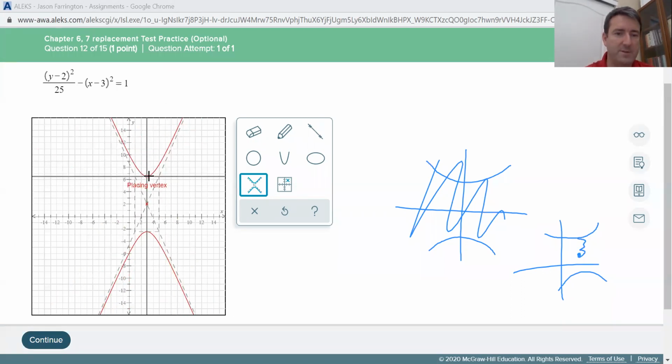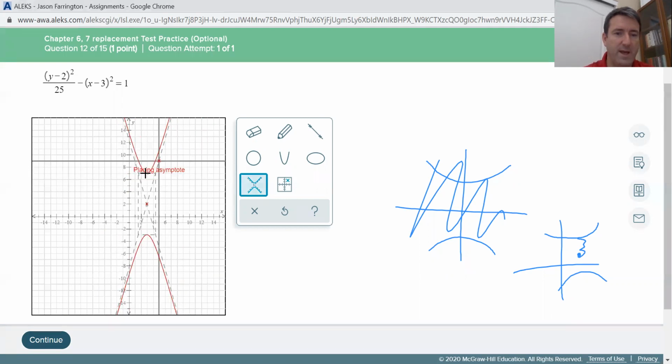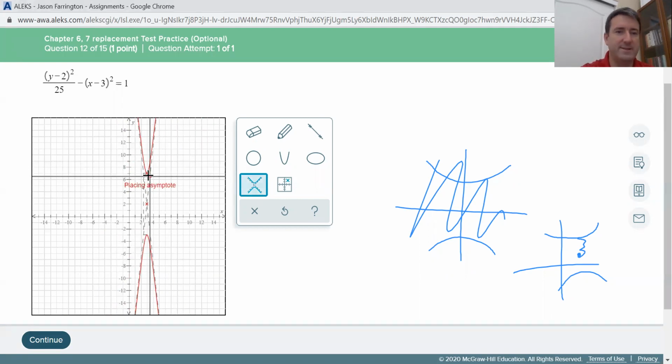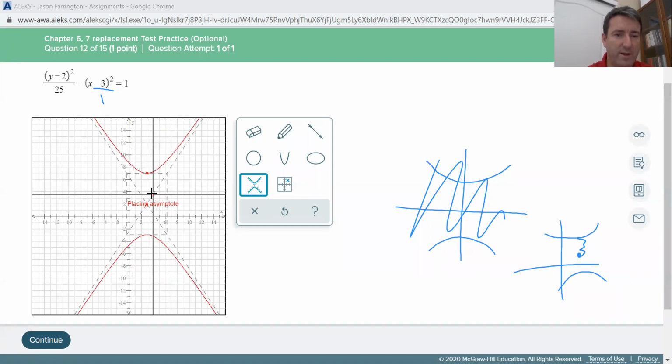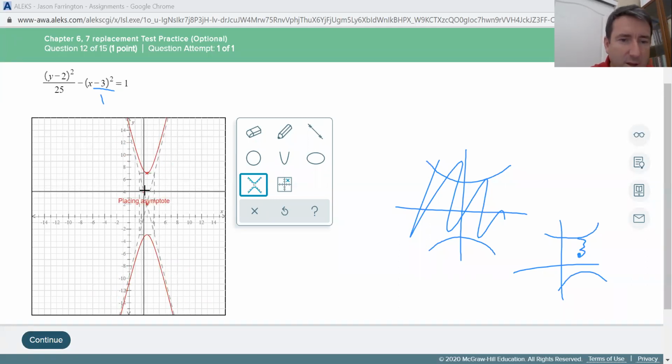So that's going to be up to 7. And then this distance under here, this is over 1. So that's going to be our distance in the x direction. So we're going to make this little box here by going out 1. Man, it's really hard to see on this.